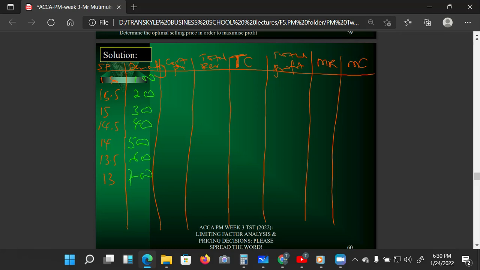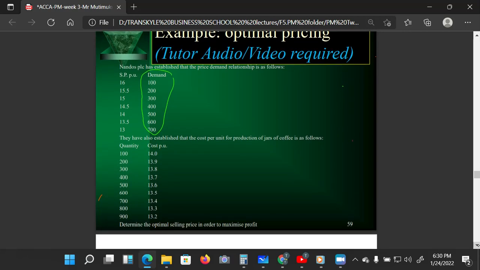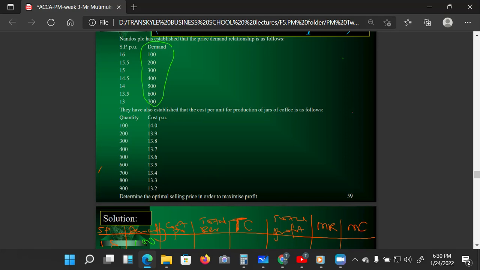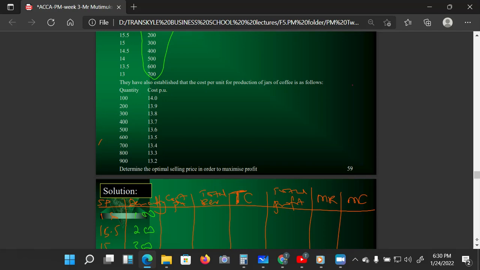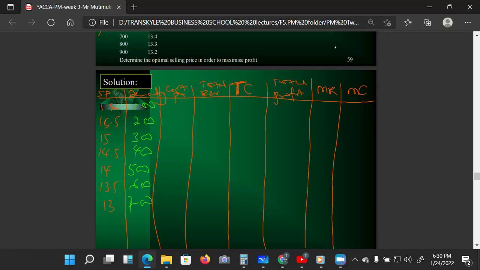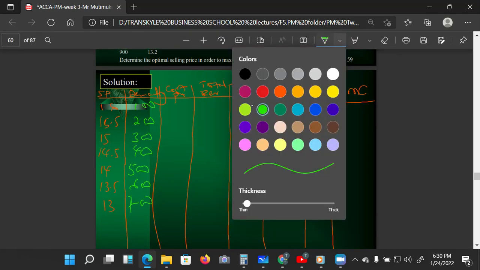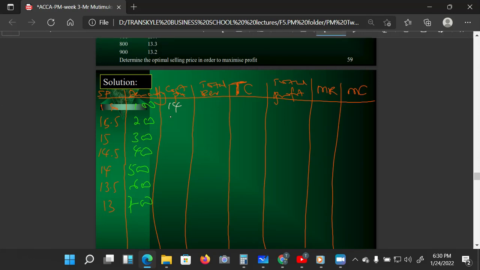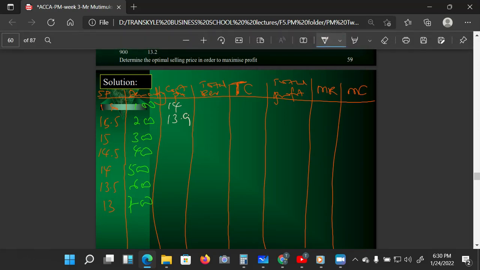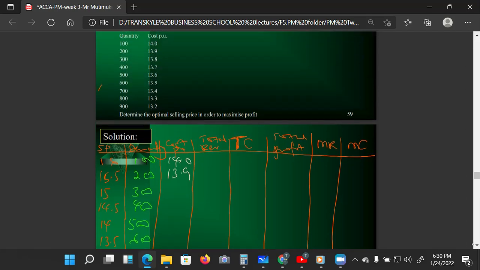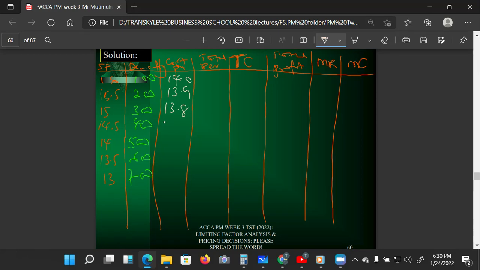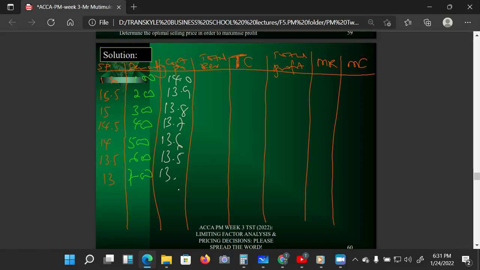Okay, and let's just copy the cost per unit: start at 14, 13.9, 13.8, 13.7, 13.6, 13.5, 13.4, dropping by 0.1.